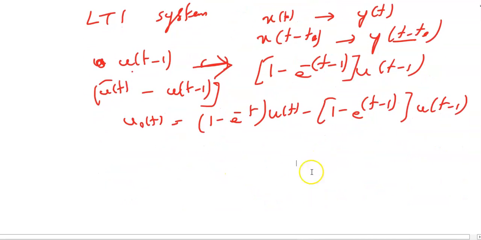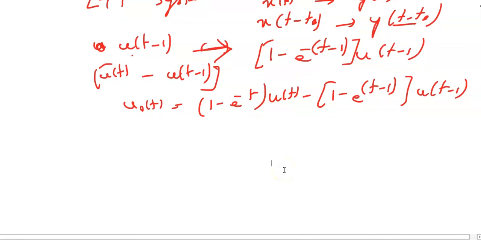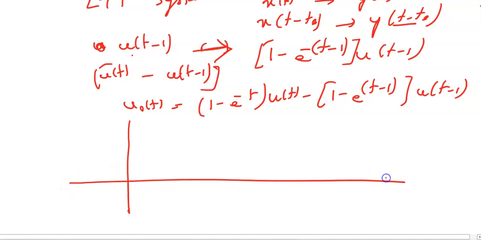So I want to draw this. What will be the form? Very easy, right? See here, this term, when t is 0, it is 0, starting from 0 here, and it will go like this till it achieves 1. But what happens? It is 0, but at 1 exactly we get a replica here, like this.